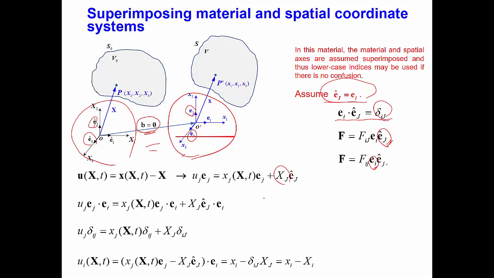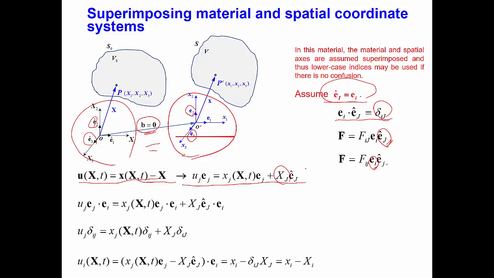Okay, the displacement vector can be expressed in material description by this vector equation, which is a function of material coordinates. This vector equation can be expressed by this equation using summation convention in index notation.